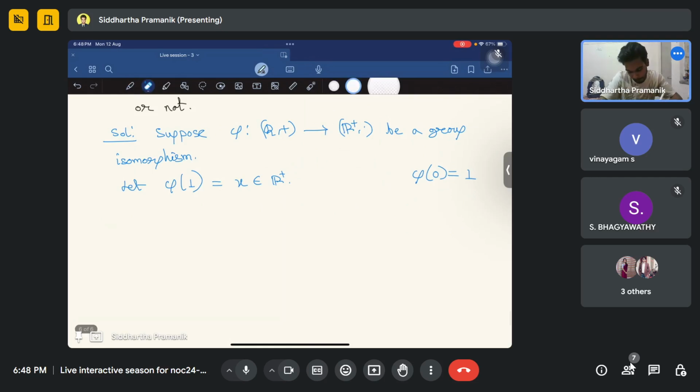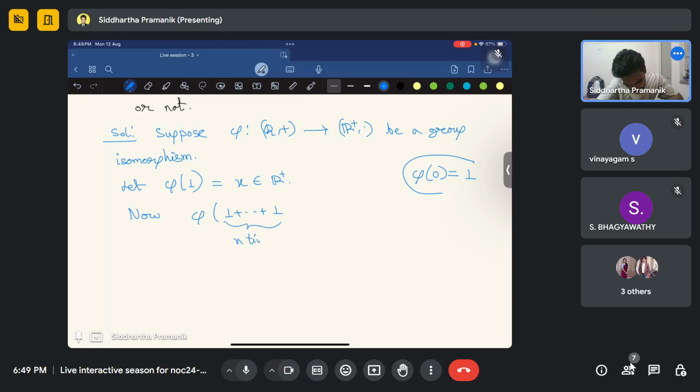Okay. Now using this, can you find the image of all other elements of Q, plus? So first let's see. Now if we add 1, let's say n times, this is the same as adding phi of 1 n times because it's a group homomorphism.